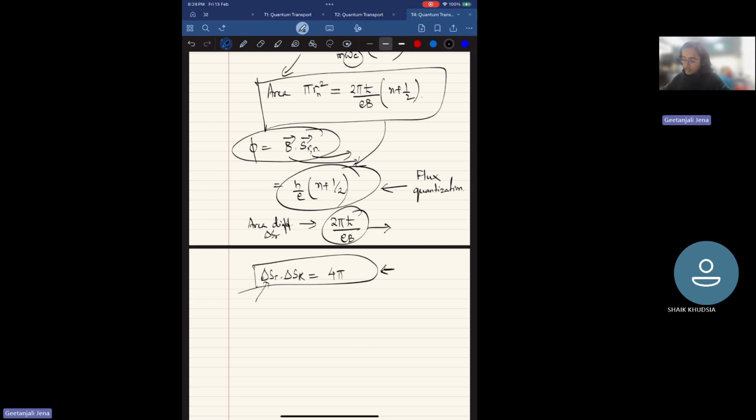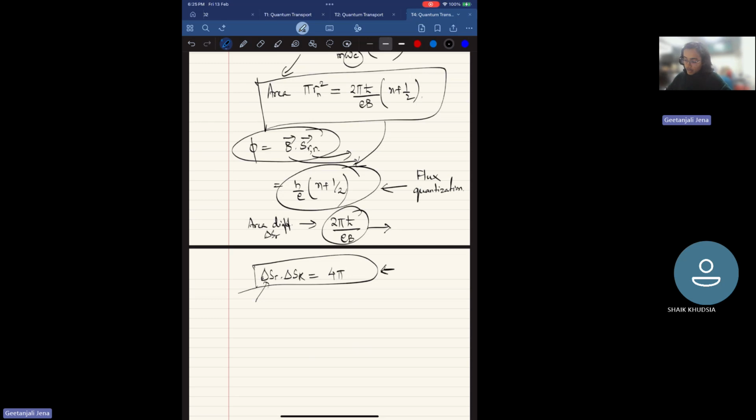So this means if you have closely spaced orbitals in the real space, then in the momentum space they will be further apart. And if we have orbitals that are closely spaced in the momentum space, then the orbitals in the real space will be further apart.